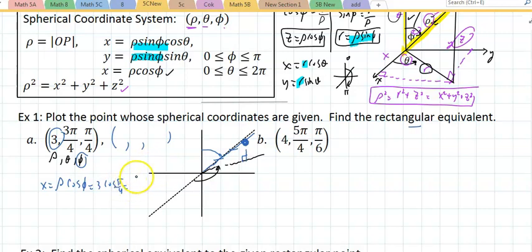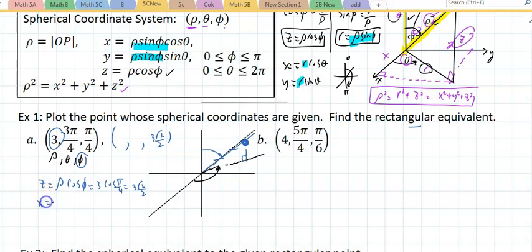That is 3 radical 2 over 2. So z is 3 radical 2 over 2. Okay, very good.